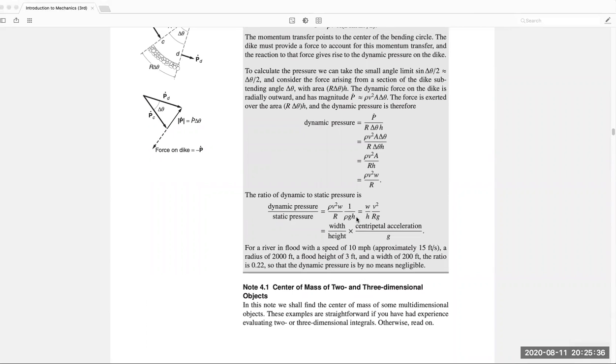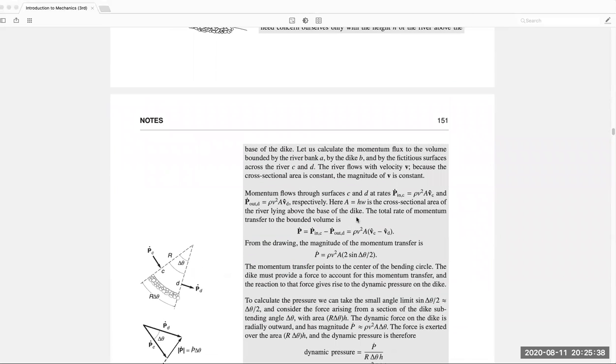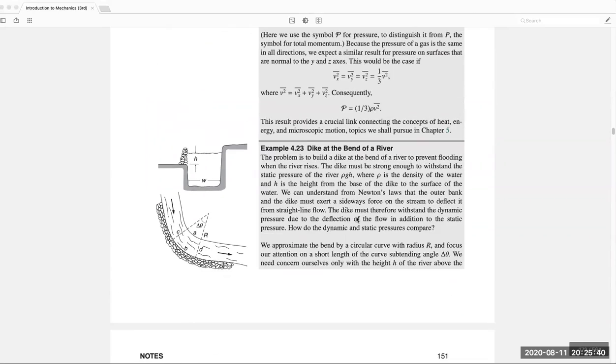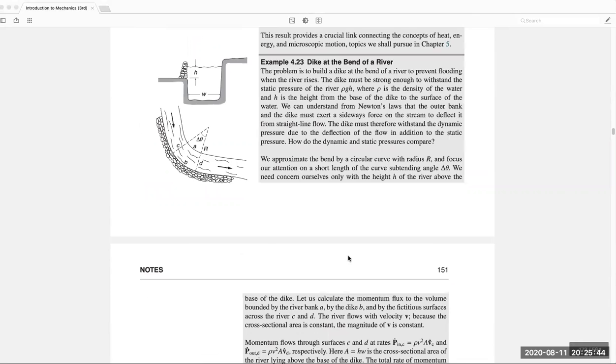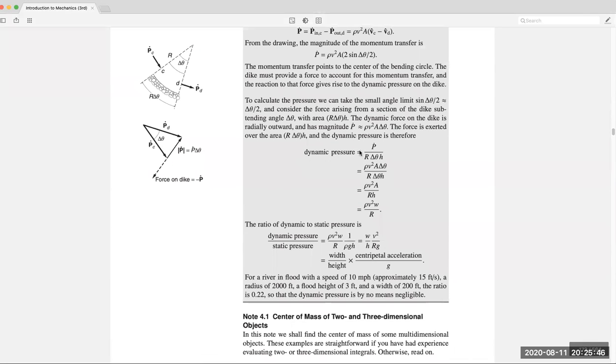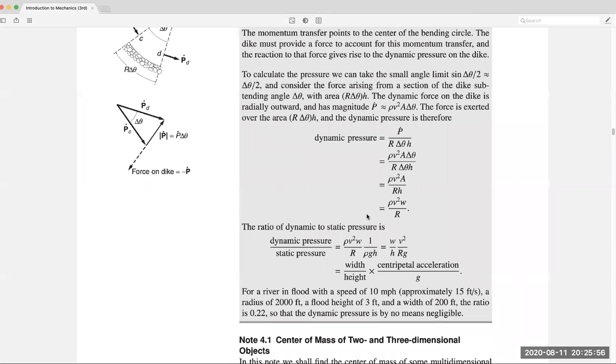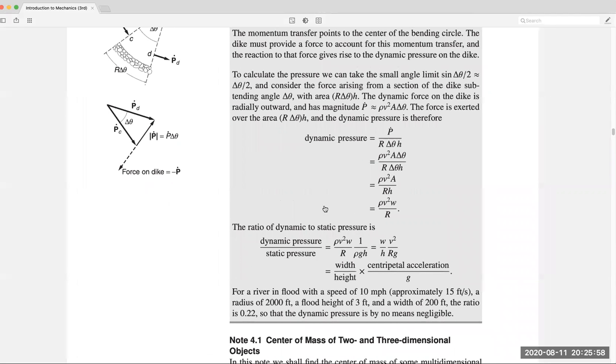But in this solution, if you're talking about the force, then the answer may be quite similar. But the dynamic pressure does not depend on H, the static pressure depends on H. So when you do the integration, the force ratio is not equal to this ratio.